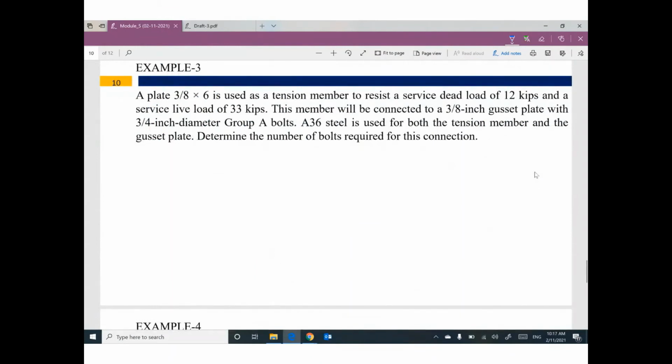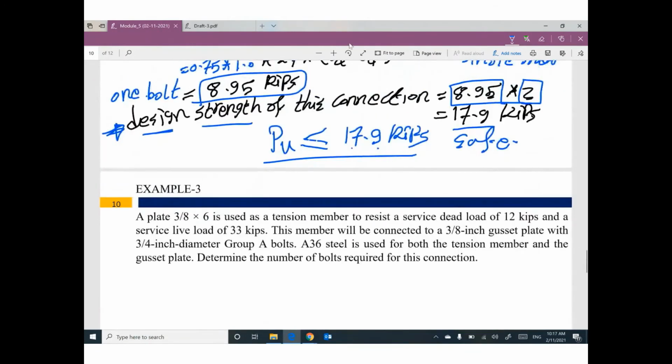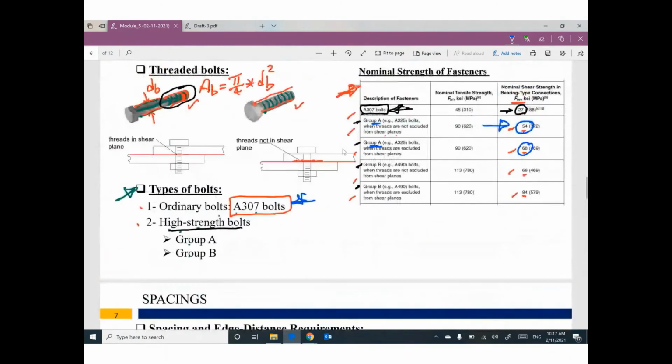Dr. Ayman? Yes. When you said threads are not excluded, what do you mean by that? Threads are not excluded means they are included. It's not about the bolt being partially threaded.